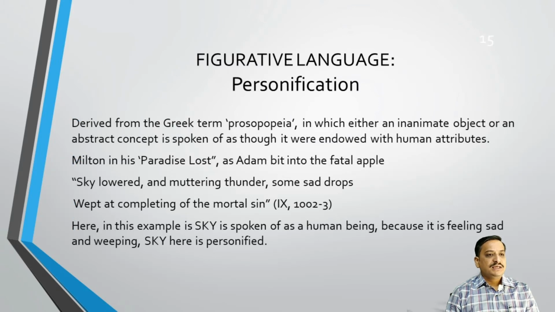Personification is derived from the Greek word prosopopeia, in which either an inanimate object or an abstract concept is spoken of as though it were endowed with human attributes. Milton, in his Paradise Lost, as Adam bit into the fatal apple, says, "Sky lowered and muttering thunder, some sad drops wept at completing of the mortal sin."